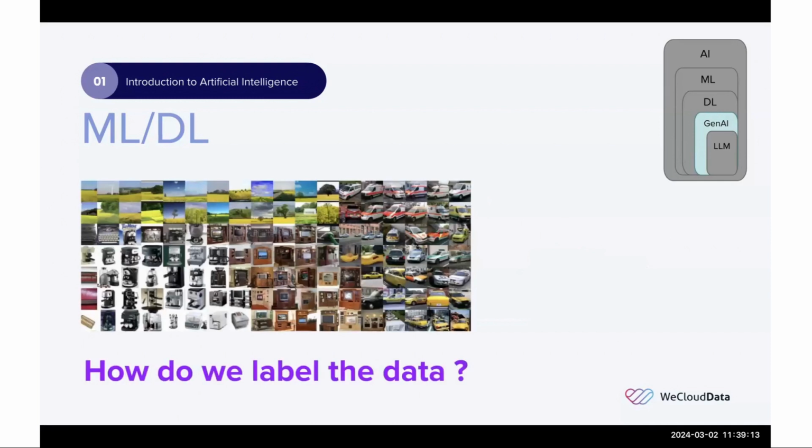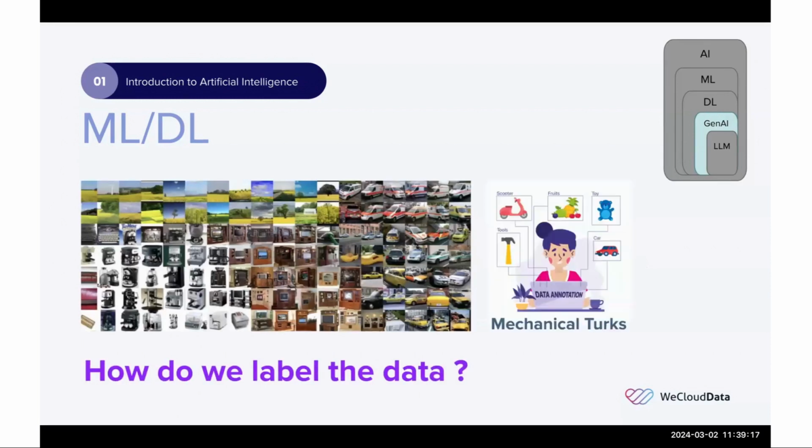Okay. So we need to label lots of data, but how do we do the data annotation? There are different ways. We can manually label the data, but that's not very scalable. We're talking about maybe millions of images and millions of videos. So there are annotation services out there, such as Amazon's Mechanical Turk, right? Later on, we will learn SageMaker Canvas.